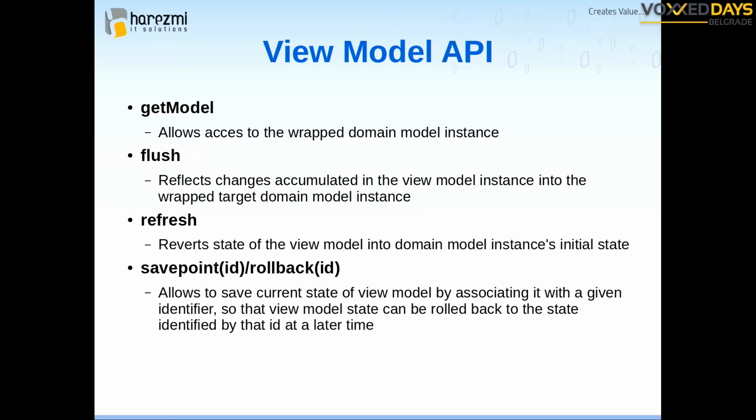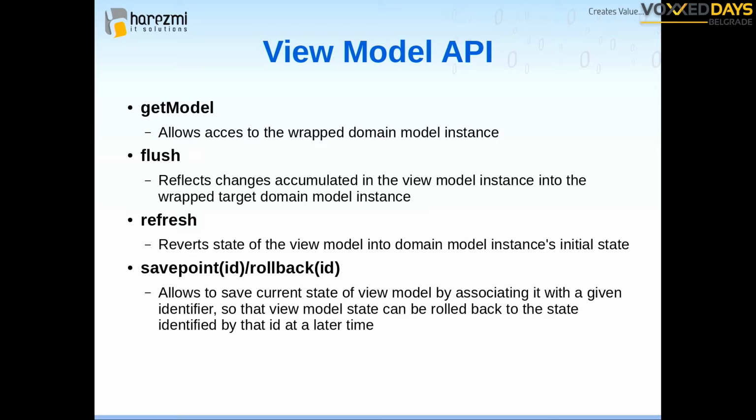Let's quickly skim over the available methods in that API. First one is getModel. This method gives us the opportunity to access the wrapped target domain instance. Flush helps us to reflect changes accumulated in the proxy to the wrapped target domain instance. Refresh, on the other hand, just reverts the state of the view model or proxy into the domain model's initial state.